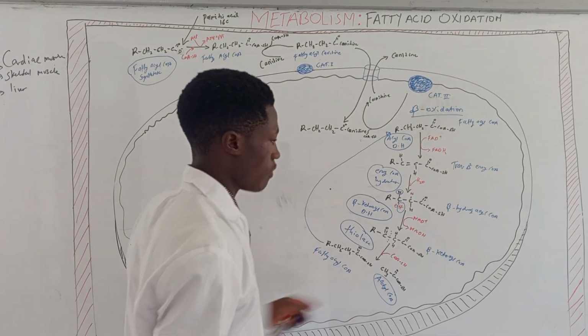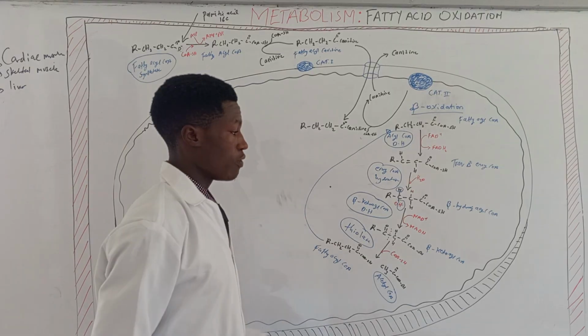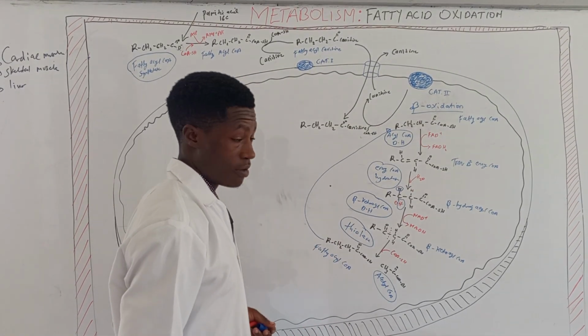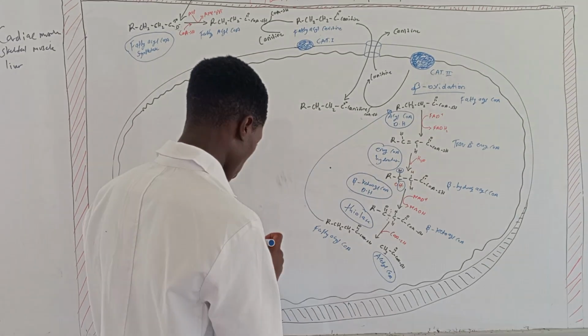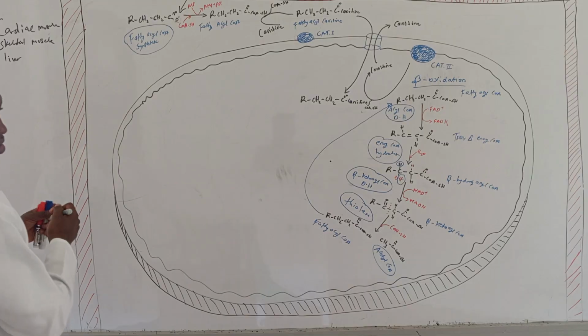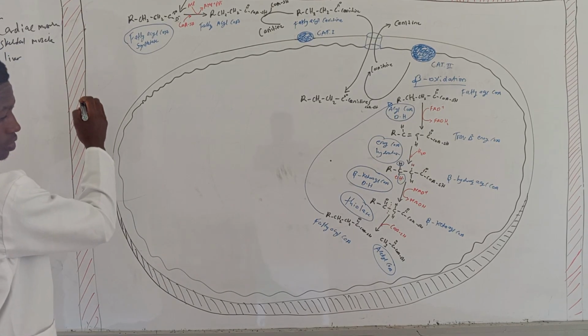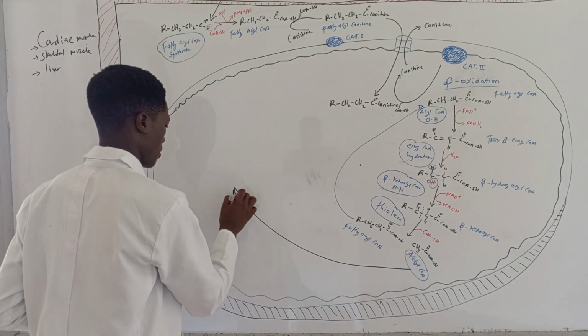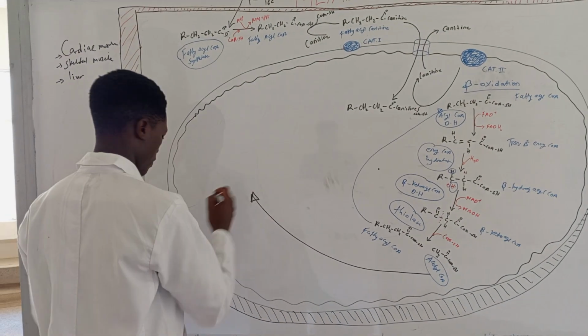Fatty acyl CoA goes over and over again until we get rid of the entire acetyl CoA present in the fatty acid. Now we are going to take acetyl CoA into the cycle. Let me just show you how it's going to work. So we have acetyl CoA.